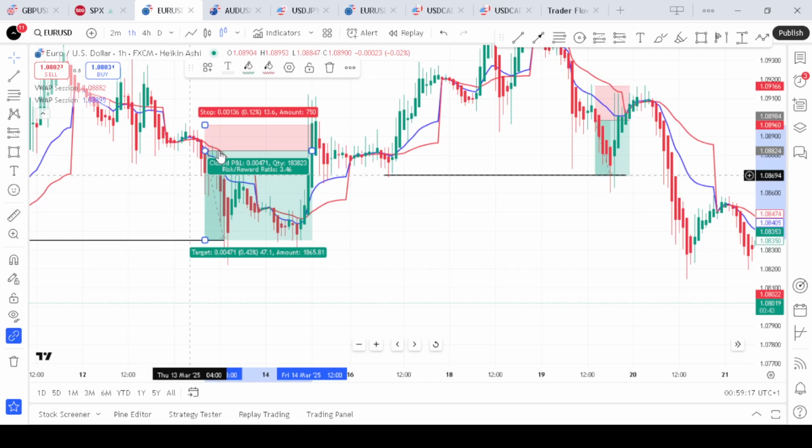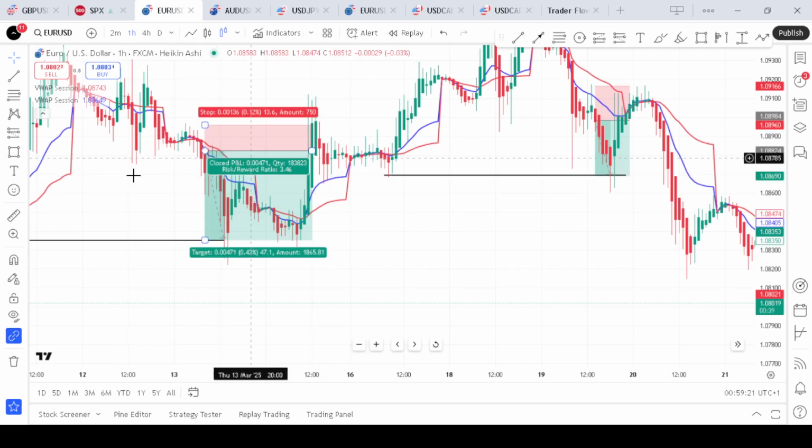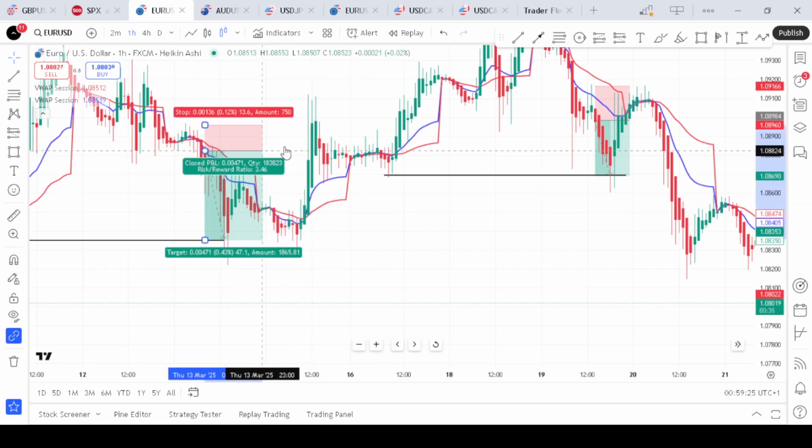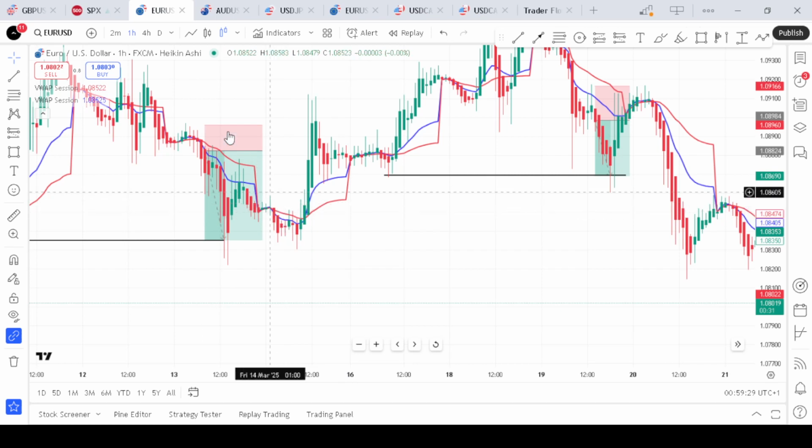This is basically how you can capitalize on this strategy. Remember, before you decide to take a short trade, price must be trading below both your long-term VWAP line and your short-term VWAP line.